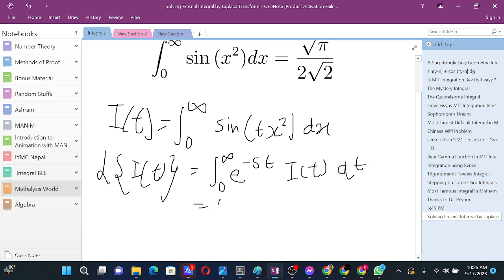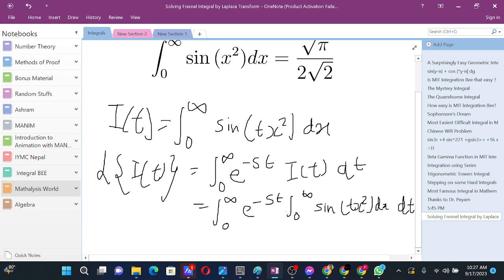Now it is the integral from 0 to infinity of e to the power minus st, and I of t is just the integral from 0 to infinity of sine of t x squared dx, and then dt.